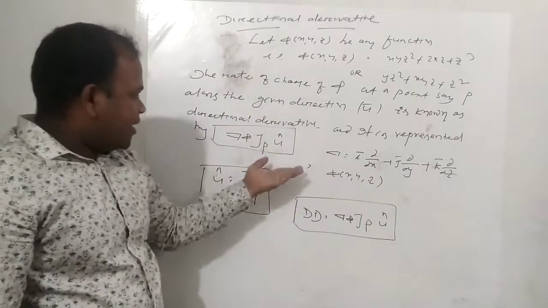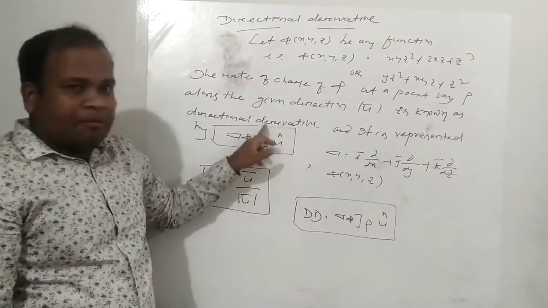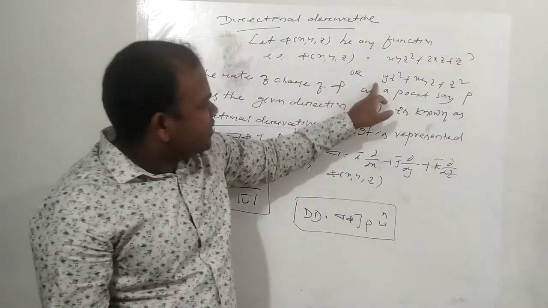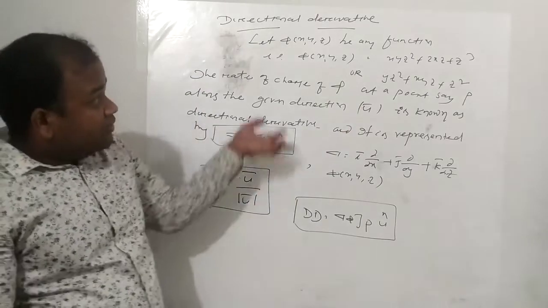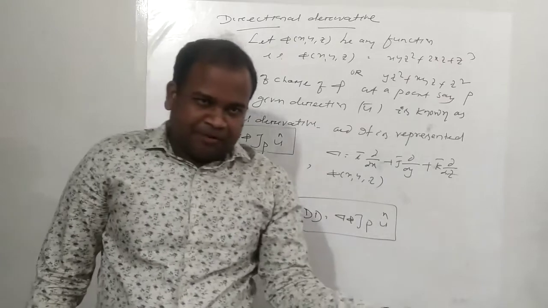You can find del phi at the particular point P, but u cap is very important. If one vector is given, that is fine. If a vector is not given but another point is given, you will use the two-point formula.